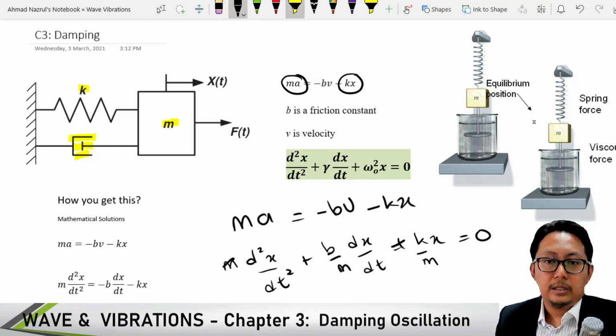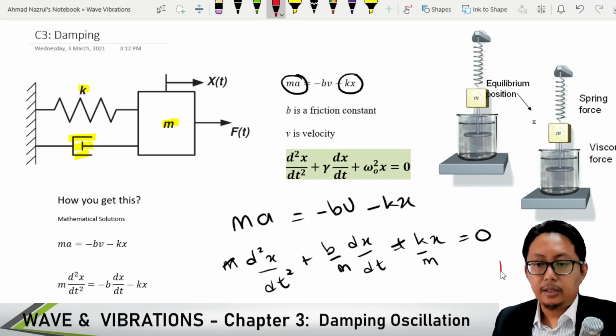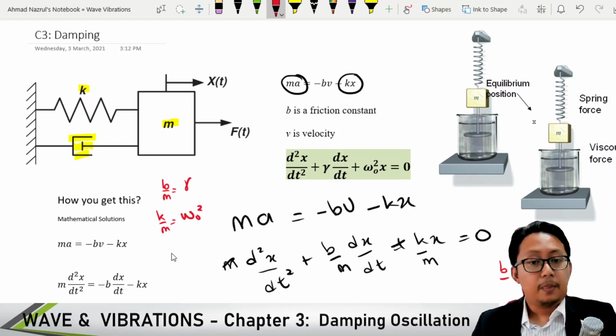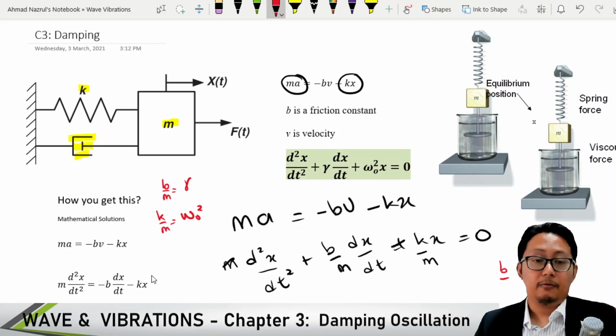So what we have here is this equation, where b over m is equal to gamma, and k over m is equal to omega naught squared. k over m is the natural frequency, and I put the symbol omega naught, the natural frequency for the mass-spring system if we do not include the friction force.